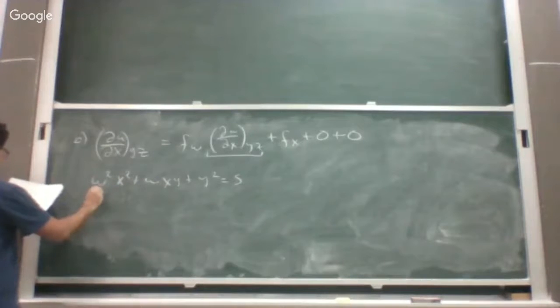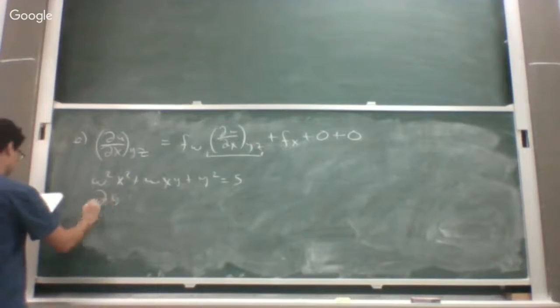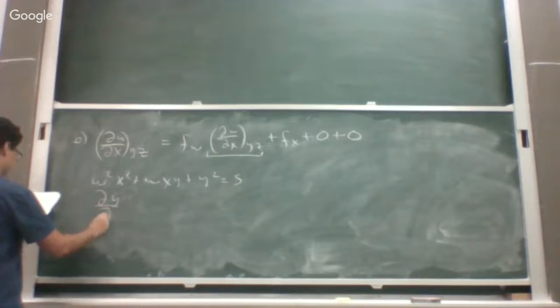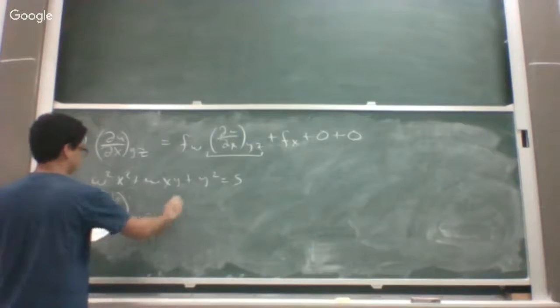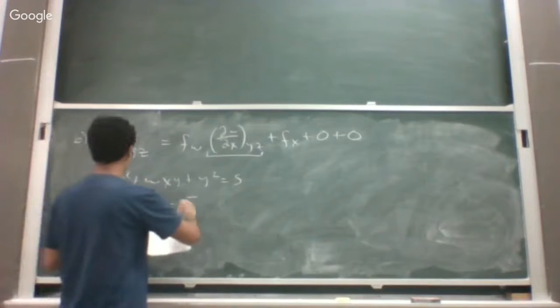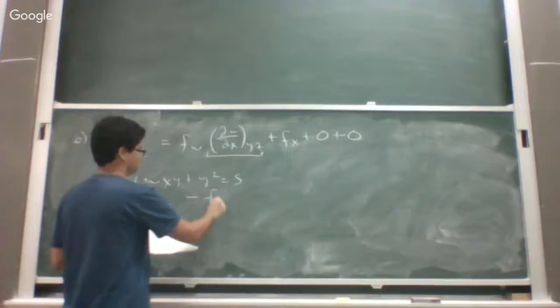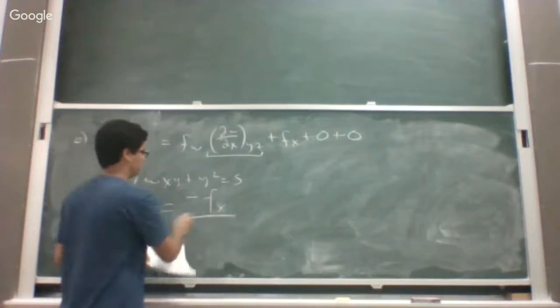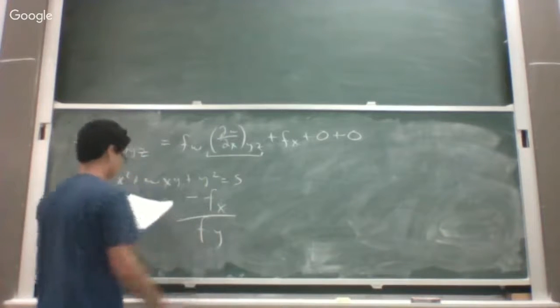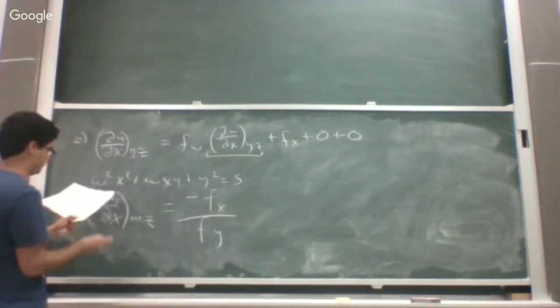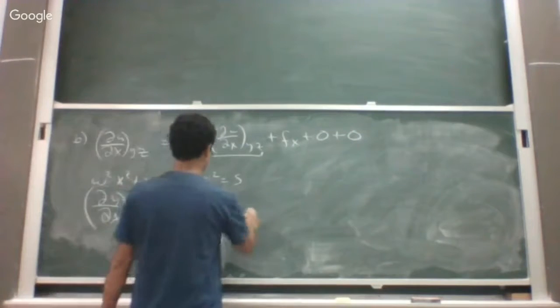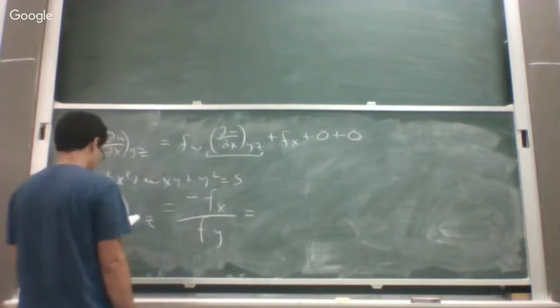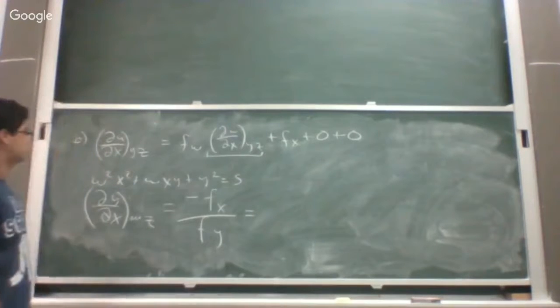So we have to find the partial of y with respect to x, holding w and z constants. That's equal to negative f of x divided by f of y. So where are we? We're right here.